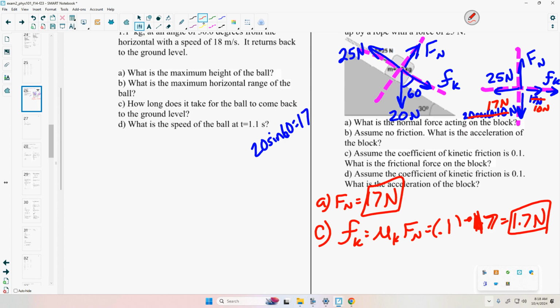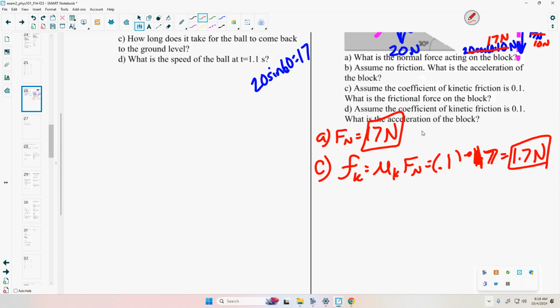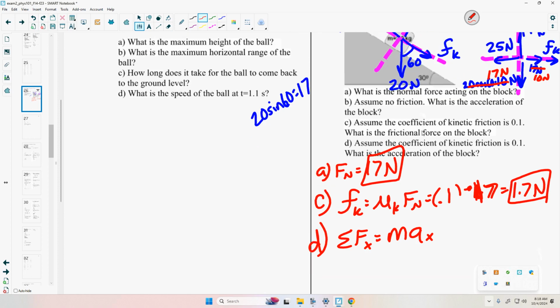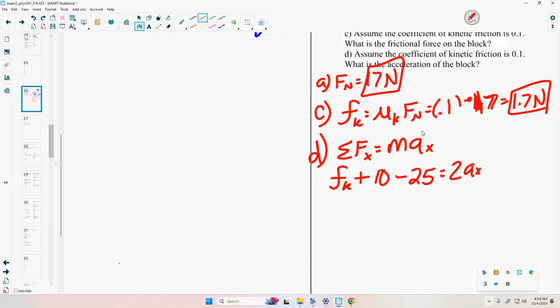I skipped over part B, but it's going to look a lot like D. And then finally, I want to know the acceleration of the block. To find the acceleration, I say the sum of the forces in the x direction equals m ax. The sum of the forces in the x direction are Fk plus 10 minus 25 equals the mass, which was 2, times ax.